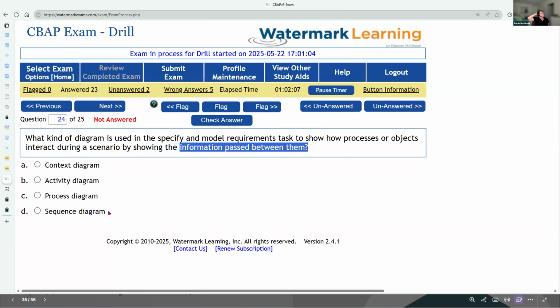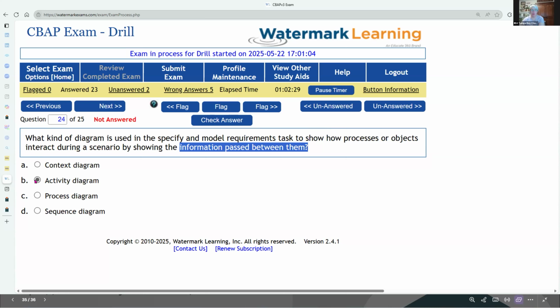Context diagram, perhaps? Maybe a sequence. I hear sequence and I hear context. I want to be difficult and say activity because you said that would be like a workflow. I was thinking more of a workflow as well.